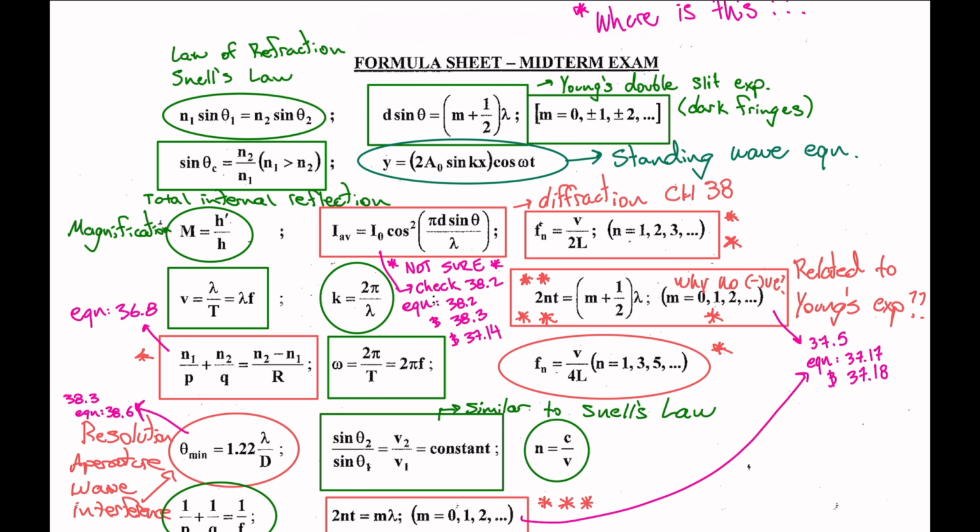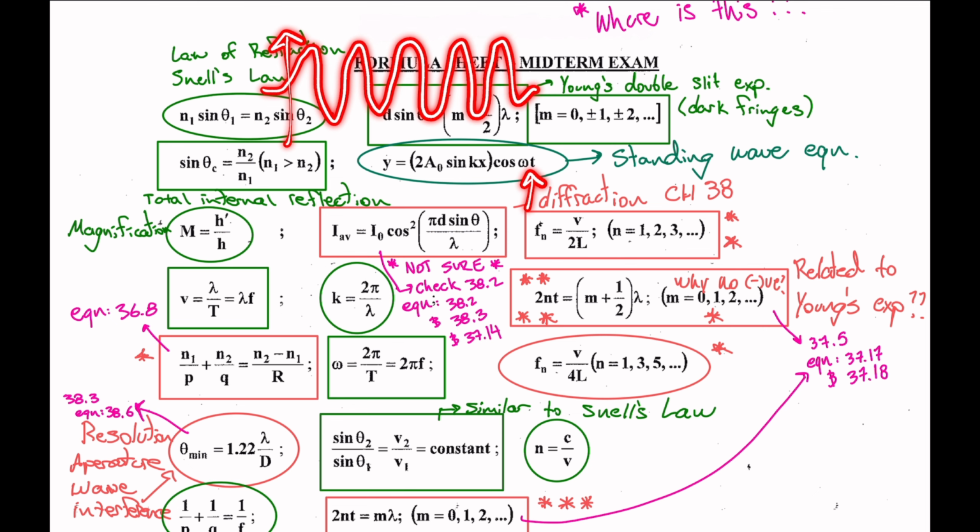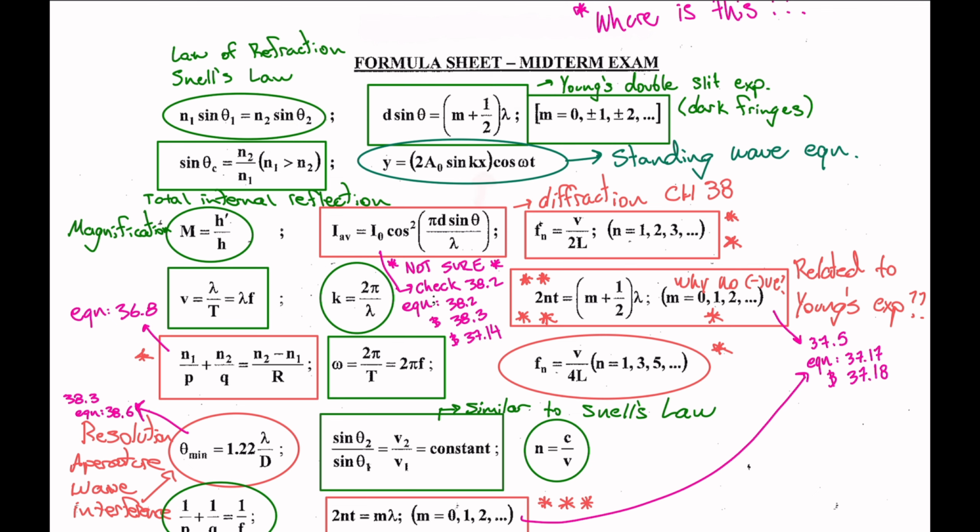I don't know if we can go all the way there, but basically you have some kind of function like this. It's oscillating as a function of time and as a function of position. It depends on k over here, which we saw was the wave number. It depends on omega, which is like the angular frequency. It has some kind of amplitude here. So standing wave equation. That's all I will say about that.